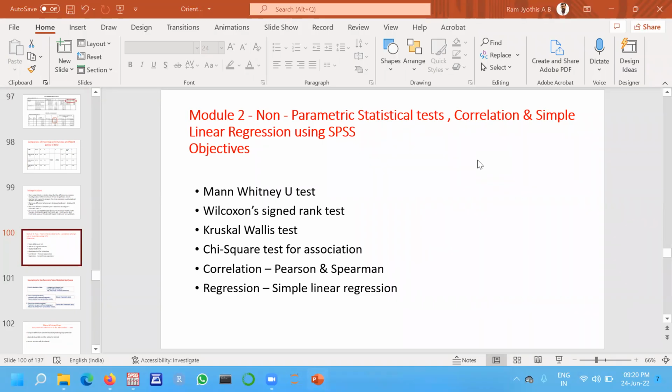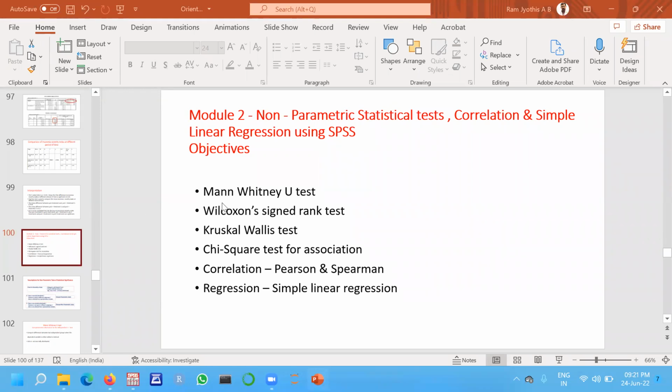Once you have completed the parametric tests, the non-parametric tests will be very easy. Only explanation is required for correlation and regression. Shall I take half an hour more? Please respond fast so that I can complete it today. Otherwise, I need one more day. Okay. So I feel I can continue.